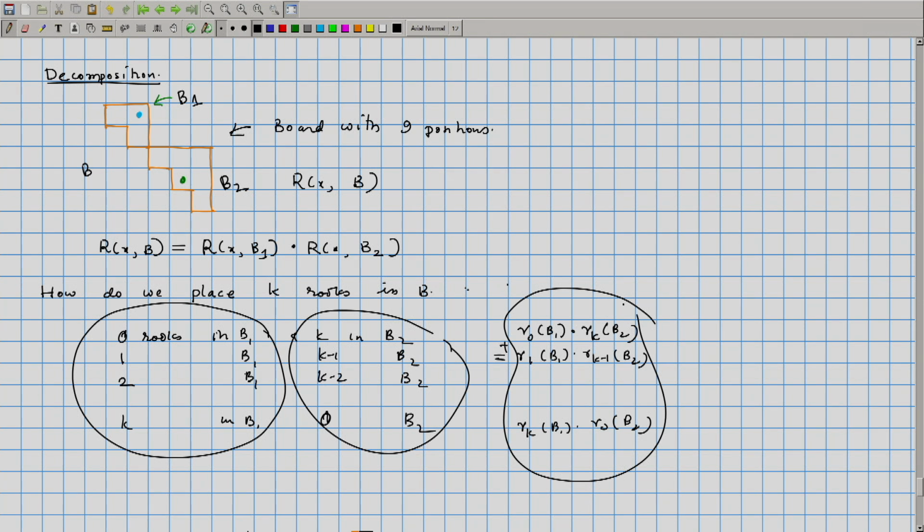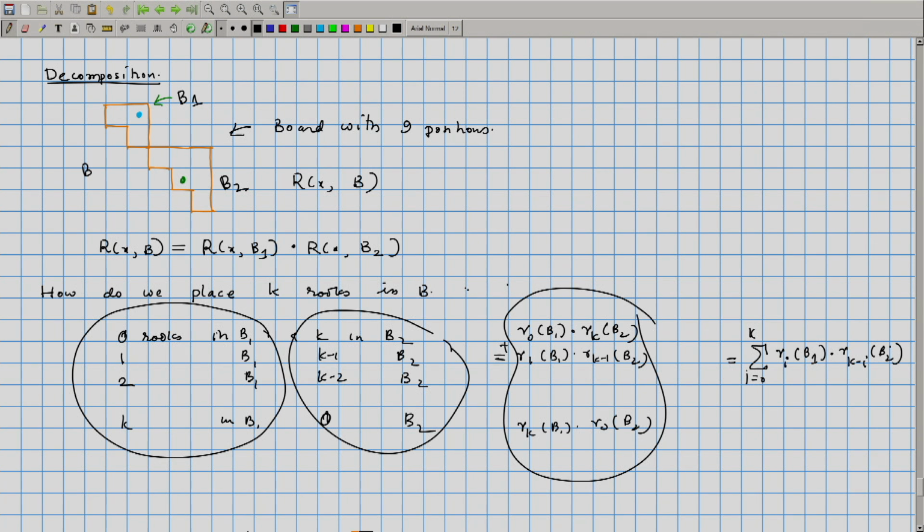If you look at the sequence corresponding to B1, so R0, R1 up to Rk, and the sequence corresponding to B2, and if you convolve them, if you take the convolution of the two, you will get the kth term of B. So this is the summation i going from 0 to k of r_i of B1 times r_(k-i) of B2.